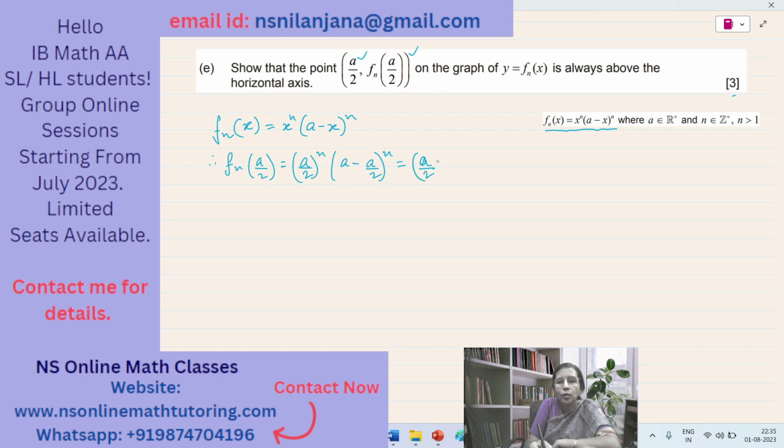So a over 2 whole raised to the power of n times a over 2 whole raised to the power of n, and using the law of indices, e to the power of m times e to the power of n is equal to e to the power of m plus n. Over here e is equal to a over 2, and m and n are both n, so it will be n plus n, or a over 2 whole raised to the power of 2n. Okay, and n is a positive integer.